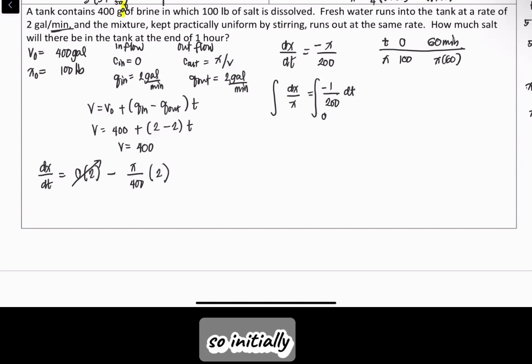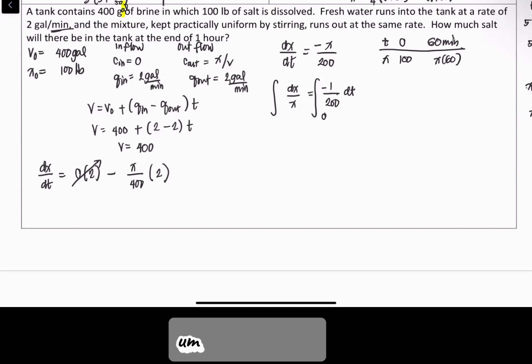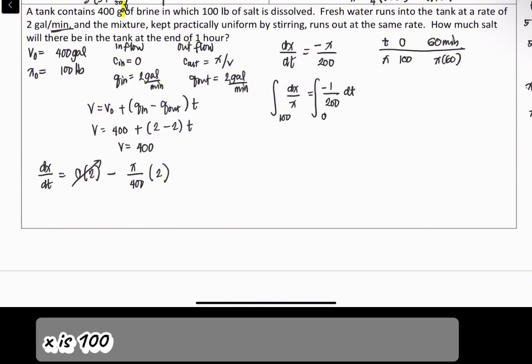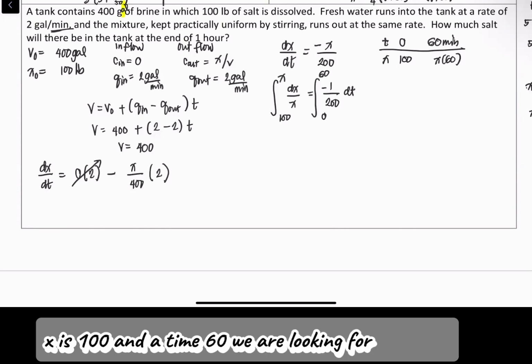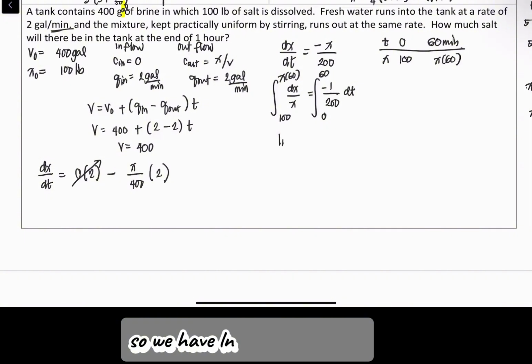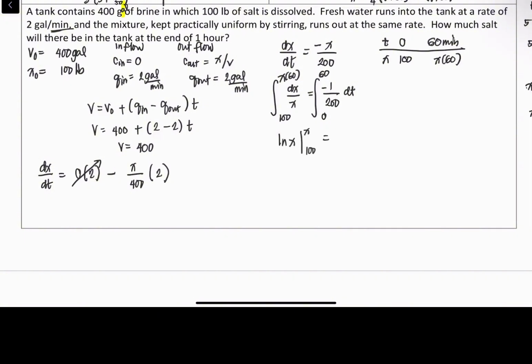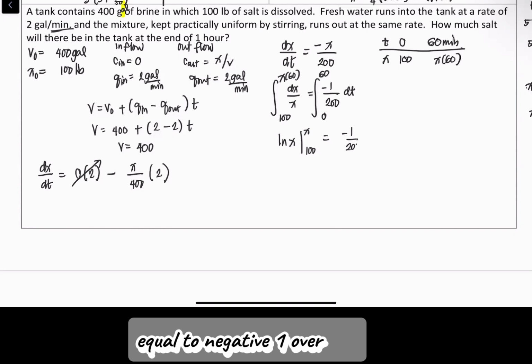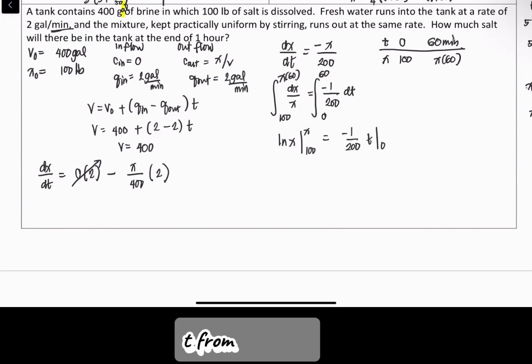So initially, when time is 0, x is 100, and at time 60, we are looking for x of 60. So we have ln x from 100 to x equal to negative 1 over 200 t from 0 to 60.